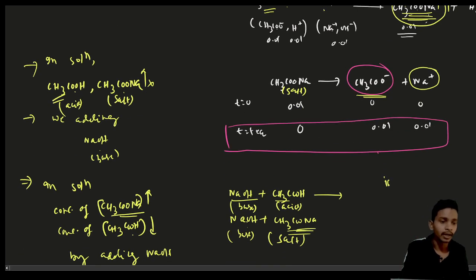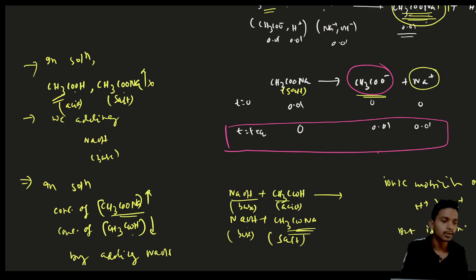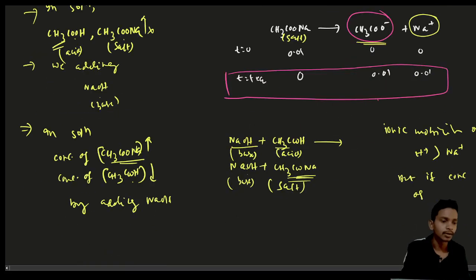Although the ionic mobility of H+ is more than Na+, if the concentration of Na+ is very high compared with H+, then conductance will be dominated by Na+. So the conductance due to Na+ will be higher than H+.